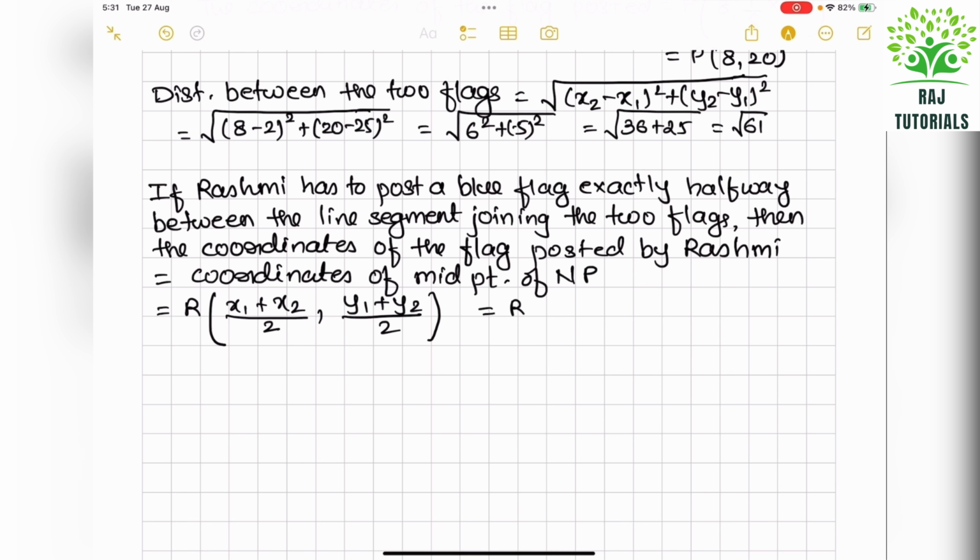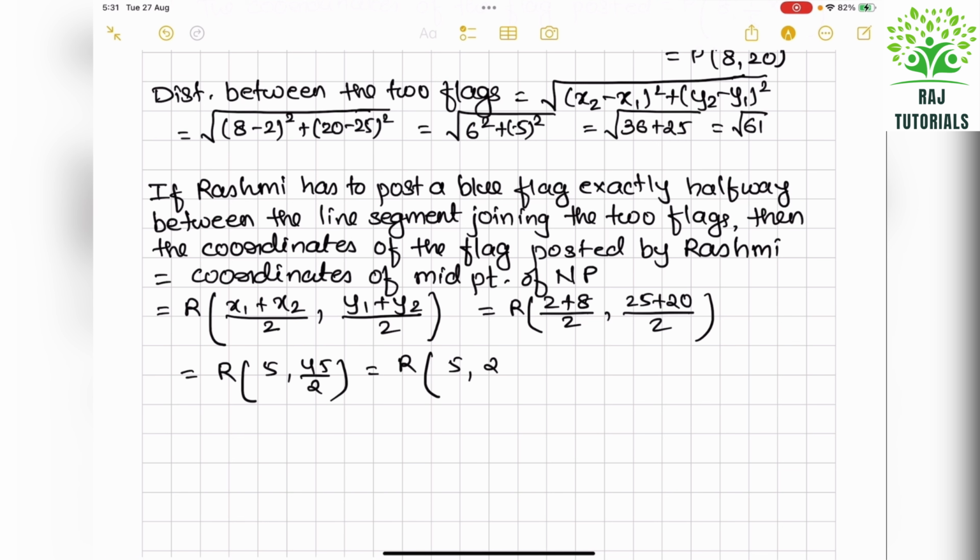So that will be R into 2 plus 8 by 2 comma 25 plus 20 by 2. So that will come as R (5, 45 by 2). R (5, 22.5).